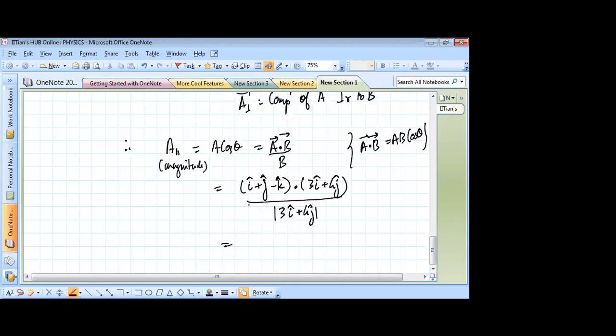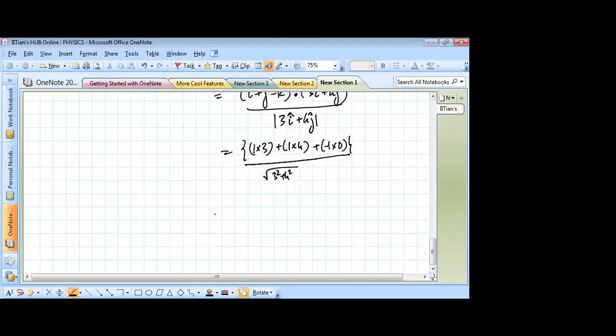How much will the dot product of these two be? 1 into 3 plus 1 into 4 plus minus 1 into 0, because B doesn't have a z component. So that is the numerator, that's the dot product. Divided by the denominator, which will be the square root of 3 square plus 4 square. So this is becoming 7 by 5, or 1.4.